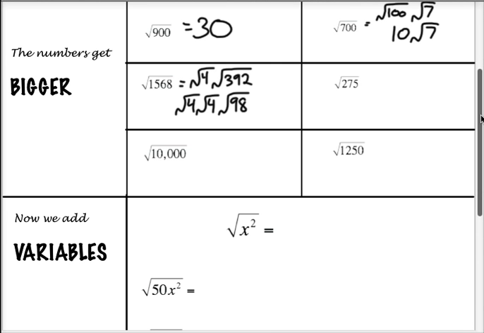Now that 98, now we're getting small enough that hopefully you can actually recognize that 98 actually is 49 times 2.